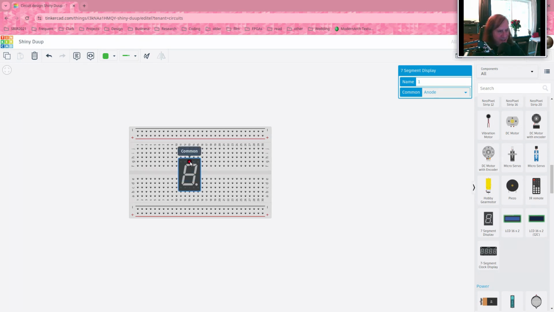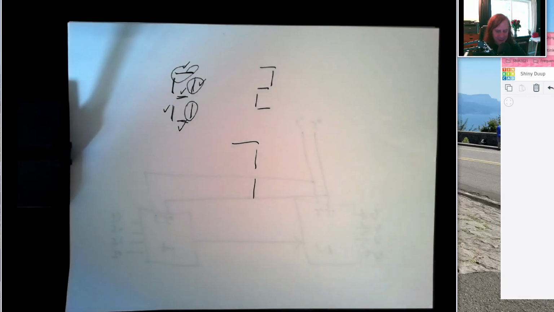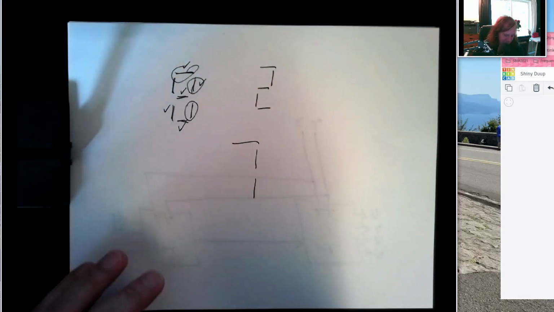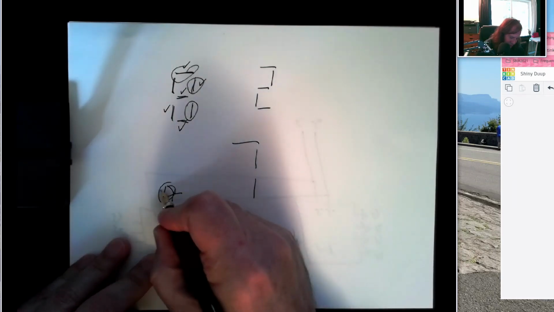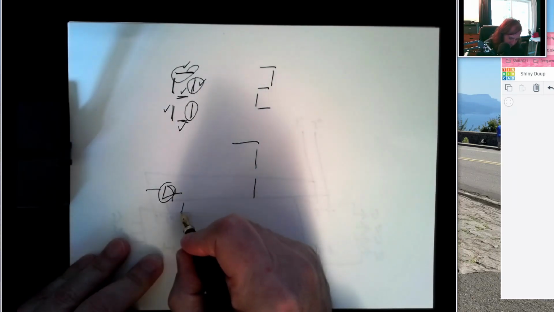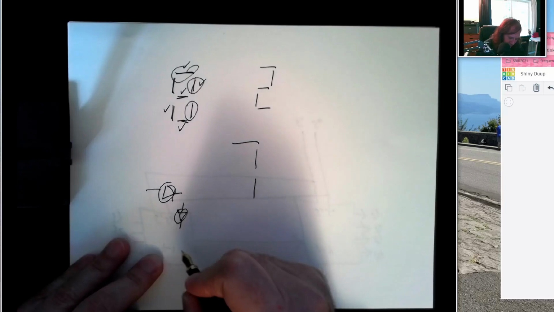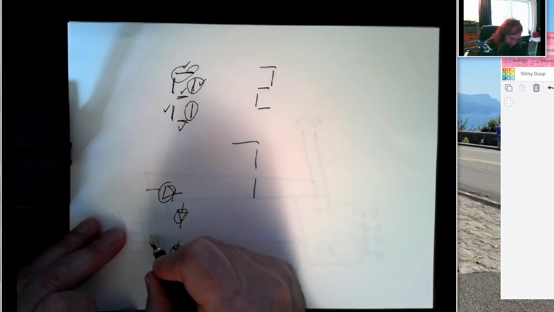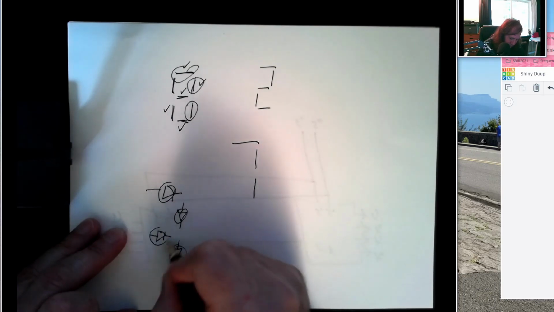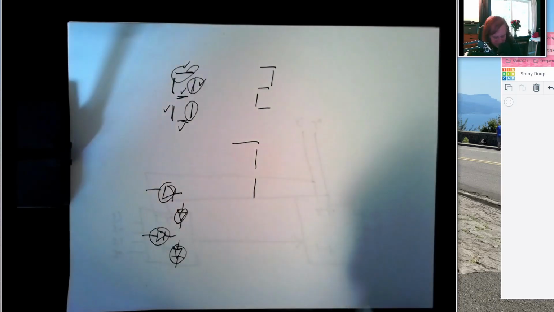And this is basically a collection of light emitting diodes, LEDs. And so we can think of this as having an LED on the top and having an LED down here and another one down here and one in the middle, and so on.